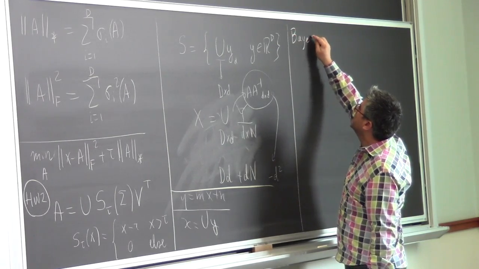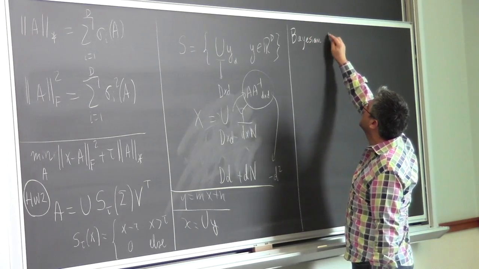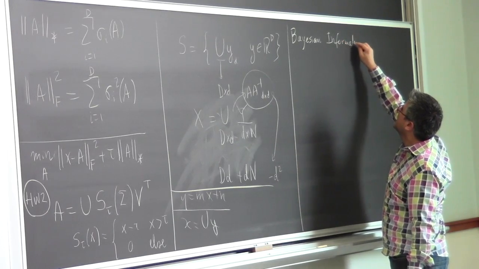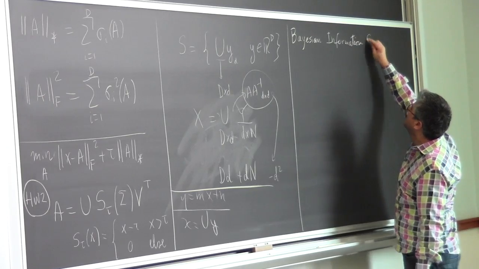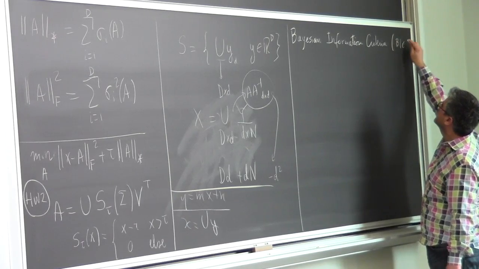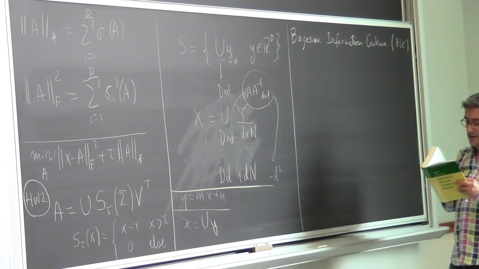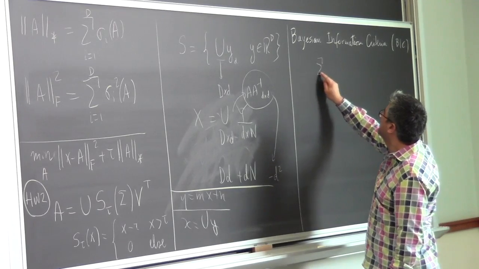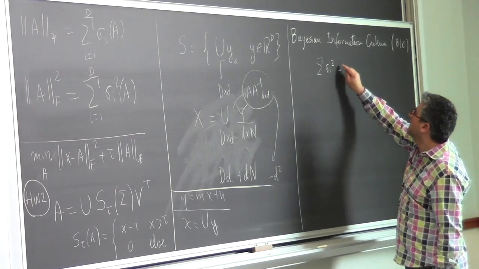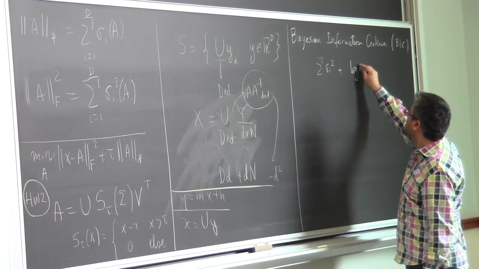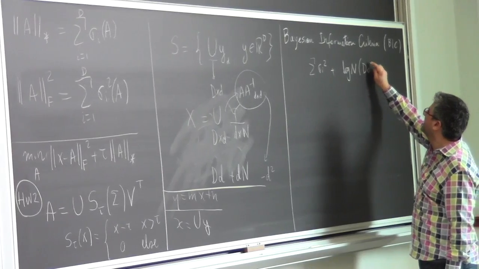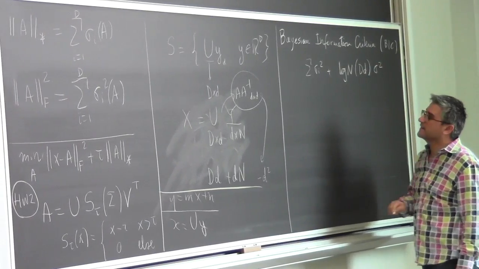First, the Bayesian information criterion, BIC. And this one does the sum of the sigma i squared log n, and then d times d sigma squared.